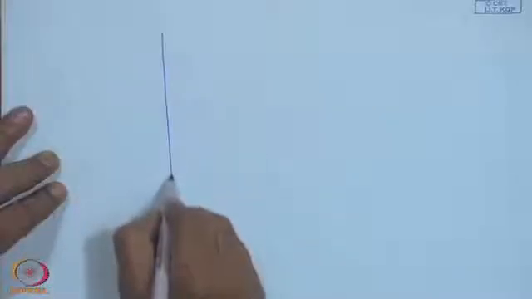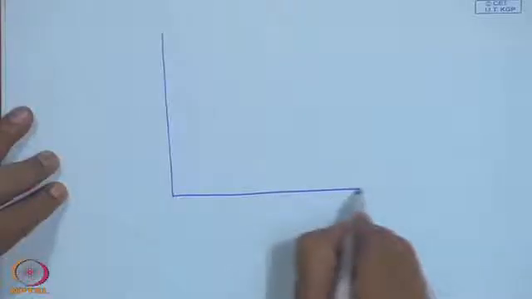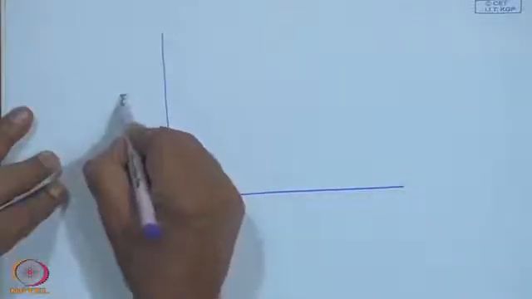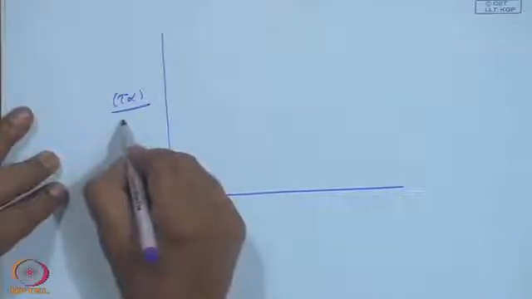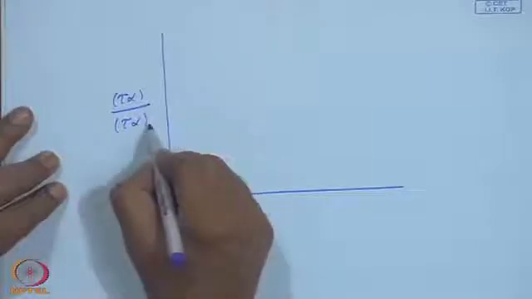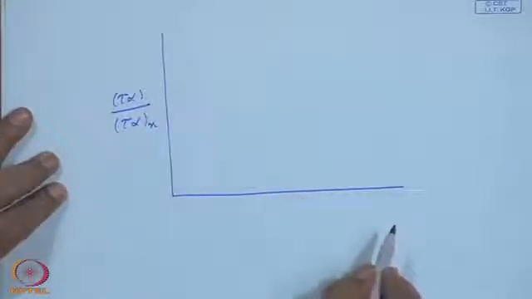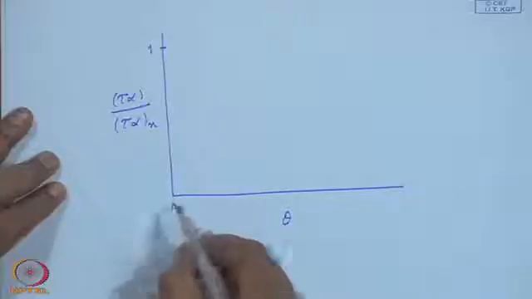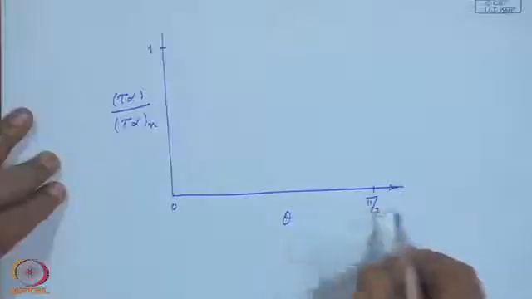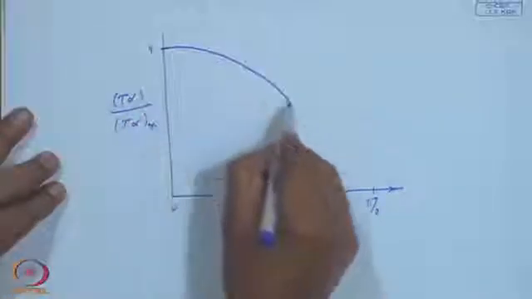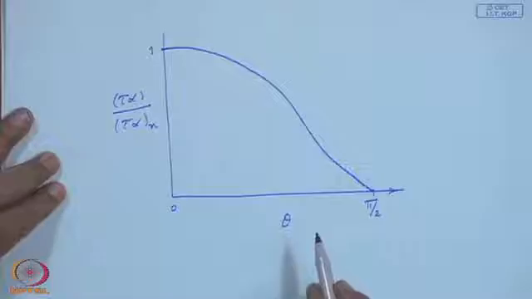Now, if we plot the variation of the transmittance absorptance product at any angle of incidence theta by the normal transmittance absorptance product, this will be 1 at theta equal to 0, and at theta equal to pi by 2, something like this, it will go to 0.